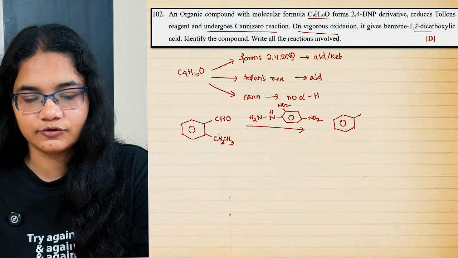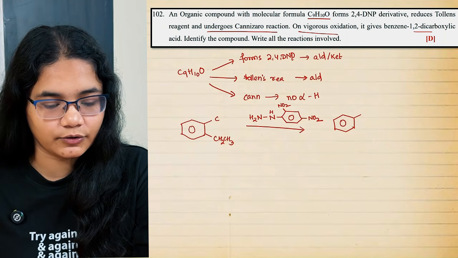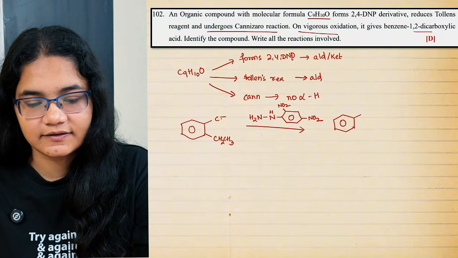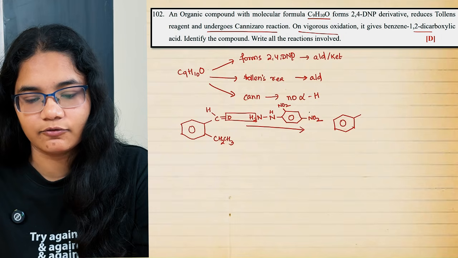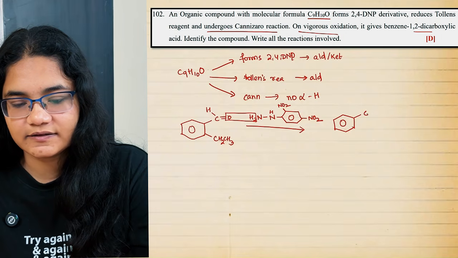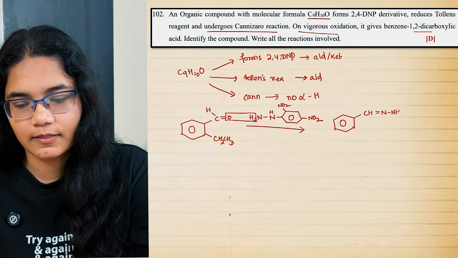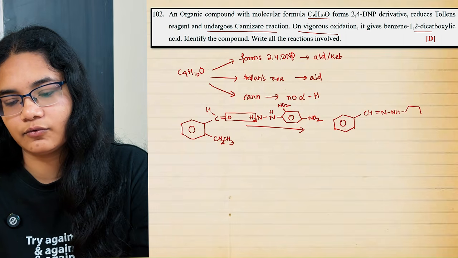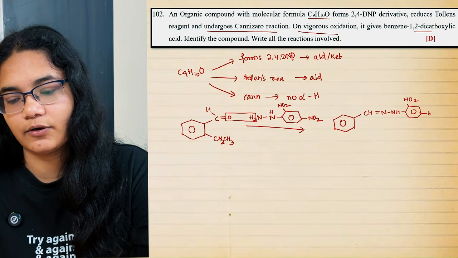I'll write down this structure also, how there is elimination of water. You can see it is like this, right? CHO. So the water will be removed, so you will have CH double bond N NH, and then you have the 2,4-DNP, that is nitrophenyl, NO2 group here and NO2 group here.